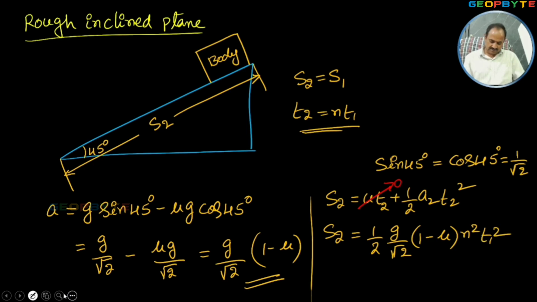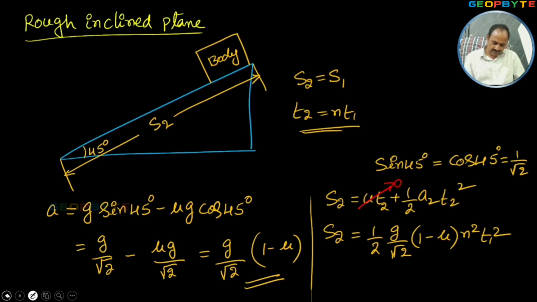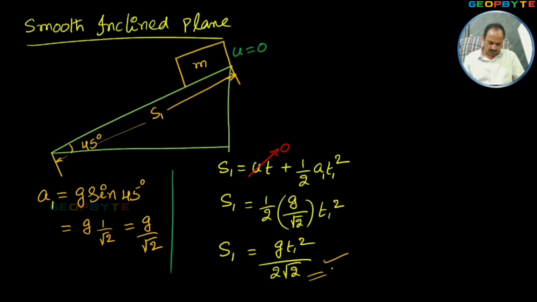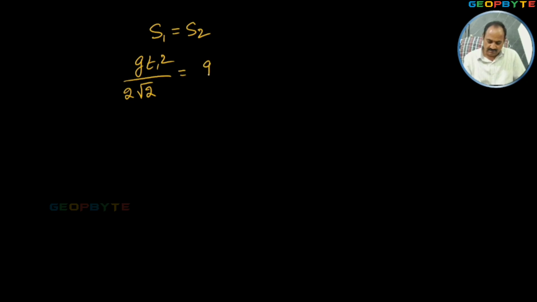Now S1 equals S2. S1 value is g t1 square by 2 root 2, whereas S2 is g by 2 root 2 into (1 minus mu) into n square into t1 square.